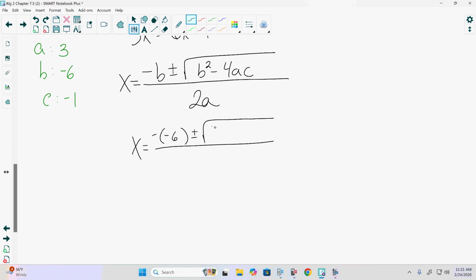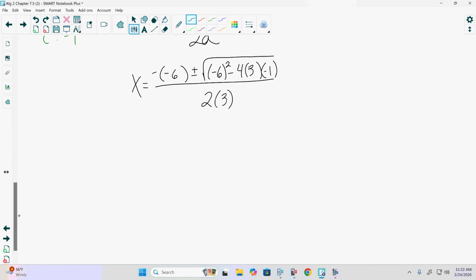Plus or minus the square root of b squared, so we'd have negative 6 squared, minus 4 times a, well, a is 3, and c is negative 1. So really, we just took the values of a, b, c, and plugged it in across the top, over 2 times a, which would be 2 times 3. Questions on how we got negative 6 plus or minus the square root of negative 6 squared minus 4 times 3 times negative 1 all over 2 times 3?